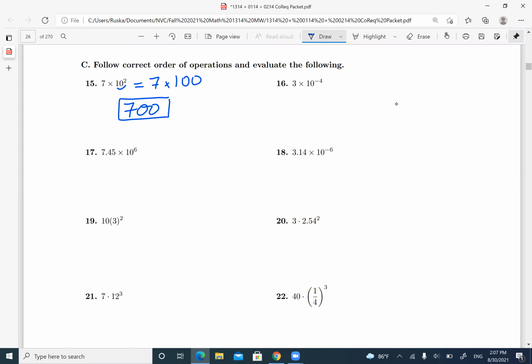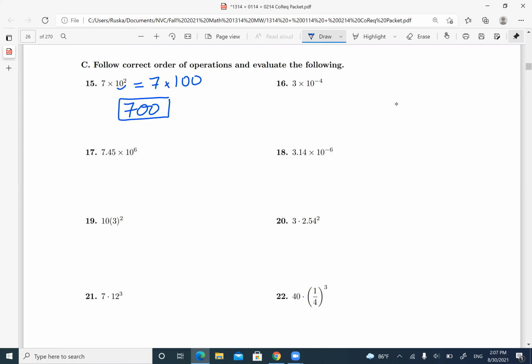Let me give you a little heads up here. All these examples we have here are like scientific notation. If you have a number times 10 with an exponent, that's scientific notation. This is how we're going to write big numbers or small numbers, okay? But let's just focus on the order of operations right now.